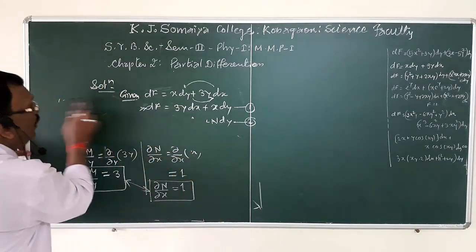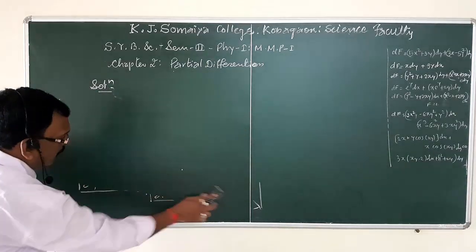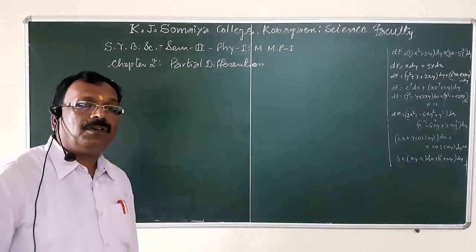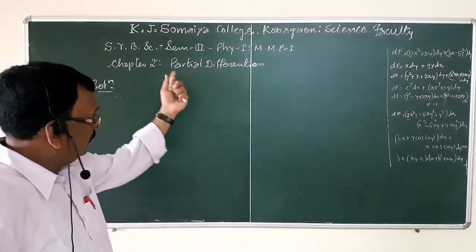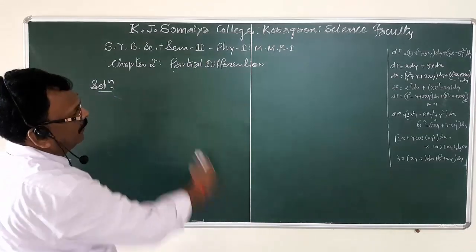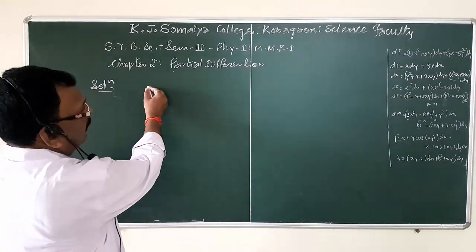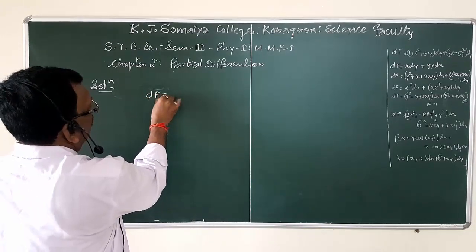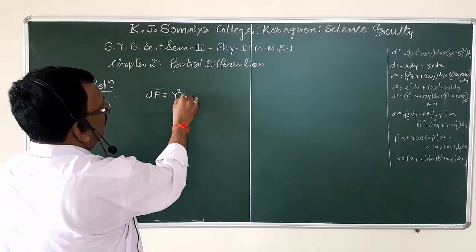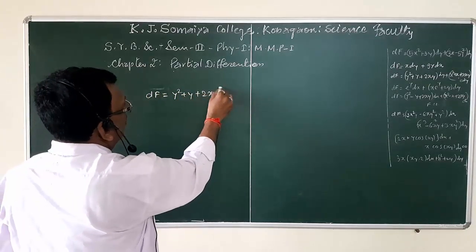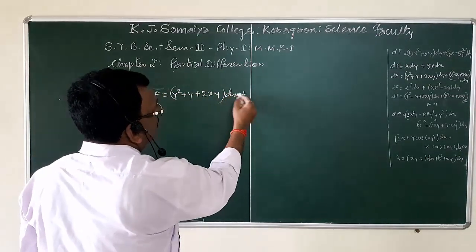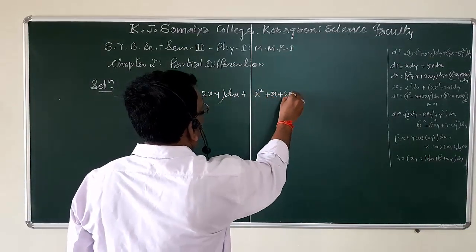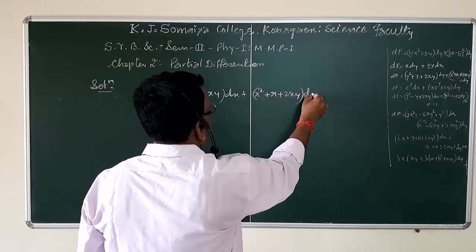Okay. Now consider some problems which are very important from the exam point of view, related to exact differential equations. The problem is like this: df is equal to (y square plus y plus 2xy) dx plus (x square plus x plus 2xy) dy.